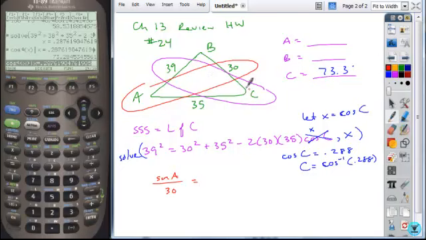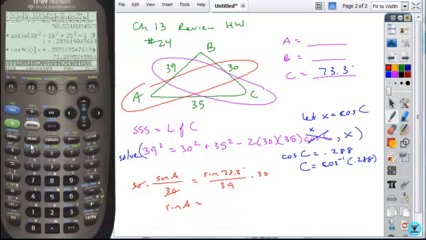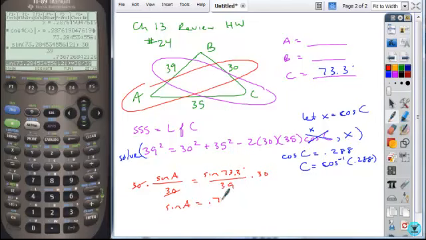Our known ratio is now the ratio of C's: the sine of the angle we just found, 73.3, over 39. If I solve for this, I get my sine of A ratio. So I'll highlight the exact answer, multiply by 30, and then divide by 39. That gives me my ratio, 0.737 approximately.